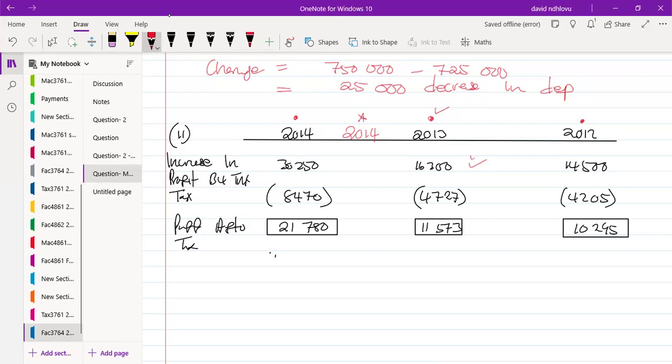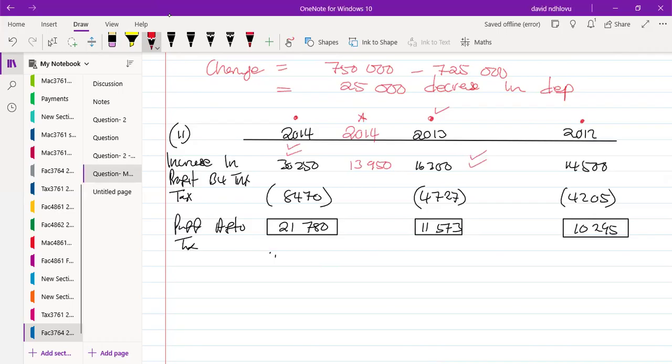So this year captures an increase in profit before tax in the year 2014. While this captures a decrease in opening inventory, in profit before tax in the year 2014. So the ultimate impact is 3,250 minus 16,300, which is an amount of 13,950. So the overall impact in terms of profitability in 2014 is that 13,950, which represents an increase in profit in 2014. Are we clear?